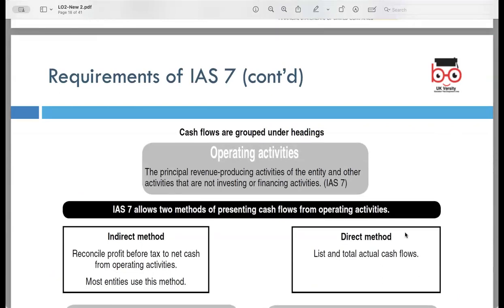Adjustments include items like depreciation, finance costs, dividends received, and changes in working capital such as inventories and receivables. The direct method is alternatively allowed. This method directly lists and totals actual cash flows from operating activities, including cash received from customers and payments to suppliers and employees.